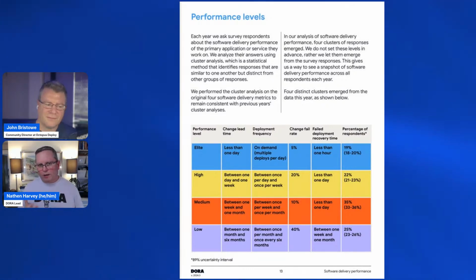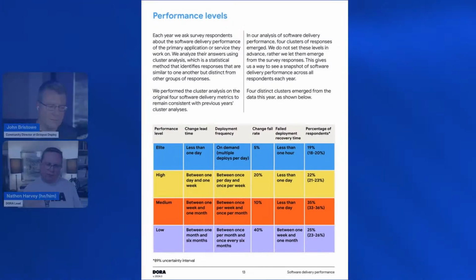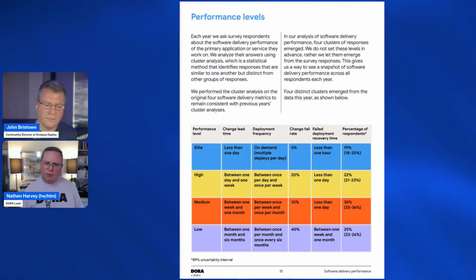But the reason we publish these benchmarks is to show everyone that these performance levels are achievable. Oftentimes the pushback we get is, sure, they're achievable in a small startup or a non-regulated industry. But the truth is, throughout the years of our research, we have rarely found industry to be predictive of which level of performance a team is able to achieve.